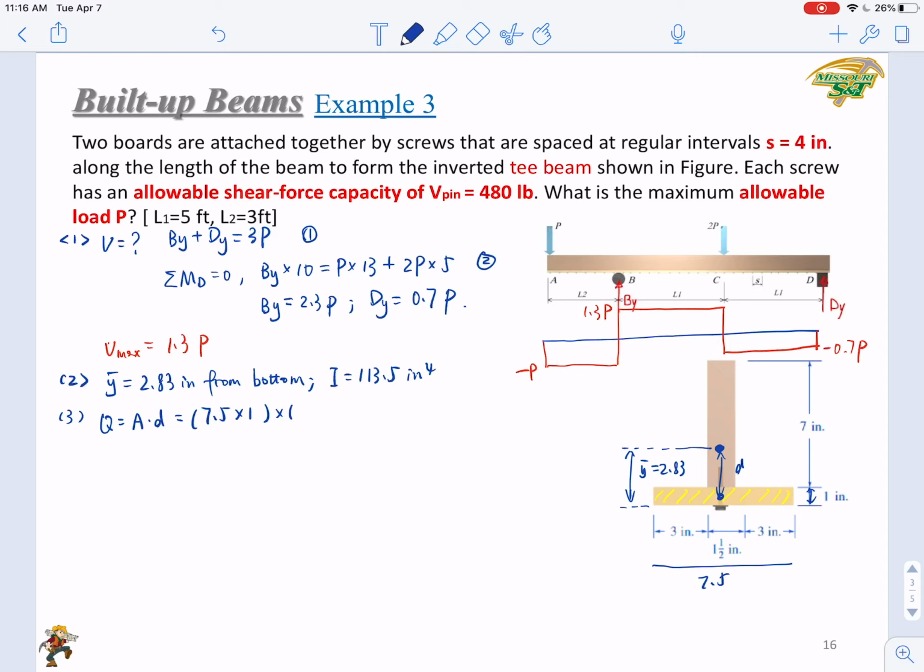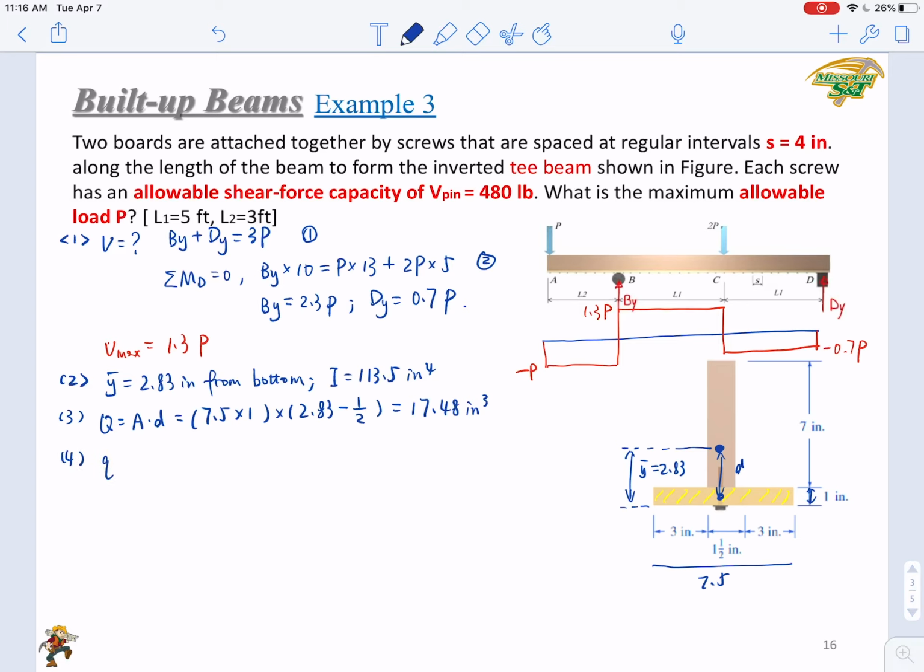And the D will be y bar minus half of the thickness. Y bar is 2.83 minus 1 over 2. So you got 17.48 cubic inch.